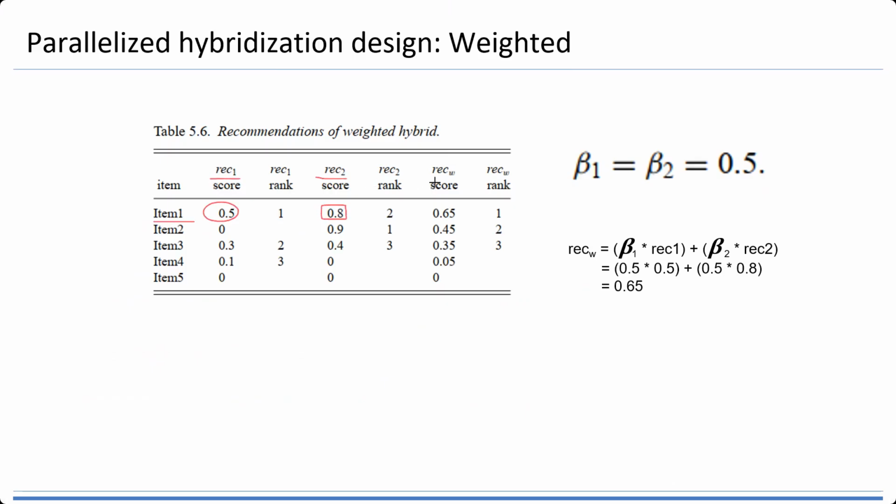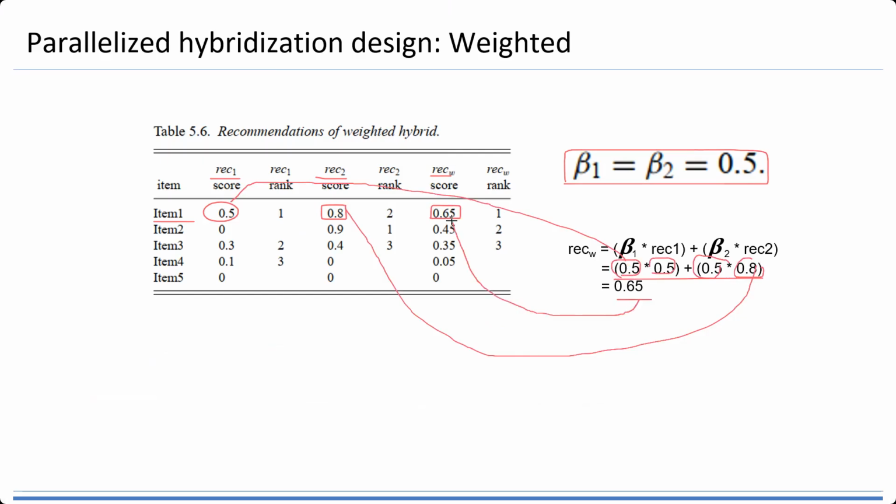Then in order to get the hybrid, we just assume that the weight is 0.5. We do the hybrid by multiplying the weight and the score, and the weight and the score. So we get the new score, which is 0.65.